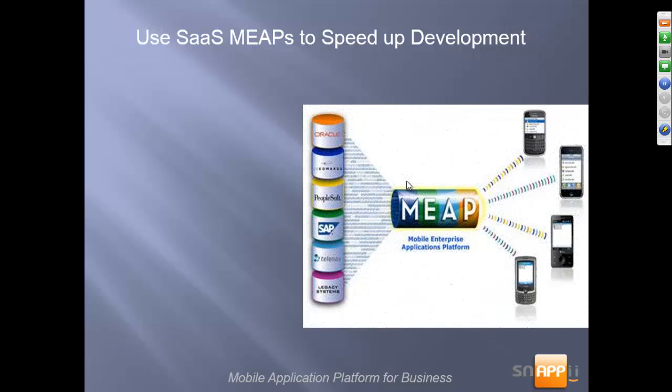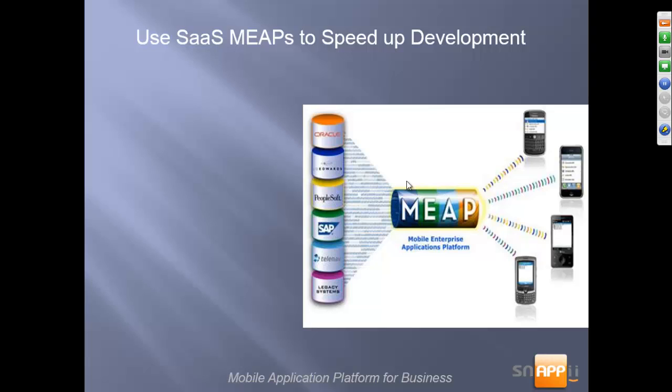So let's talk about how to speed up mobile app development. What can be done to speed things up? If you haven't heard of this term, MEAP stands for Mobile Enterprise Application Platform.